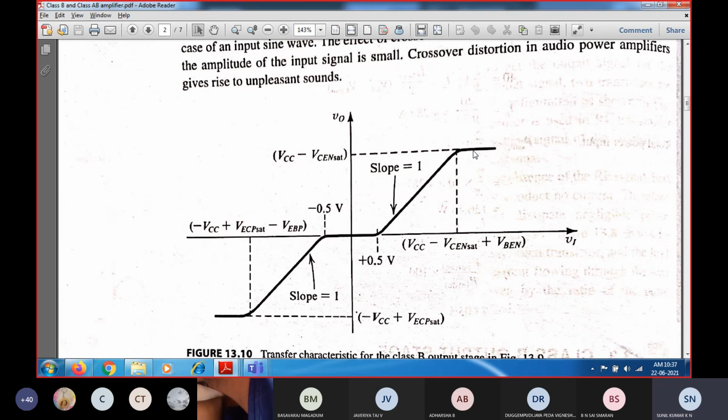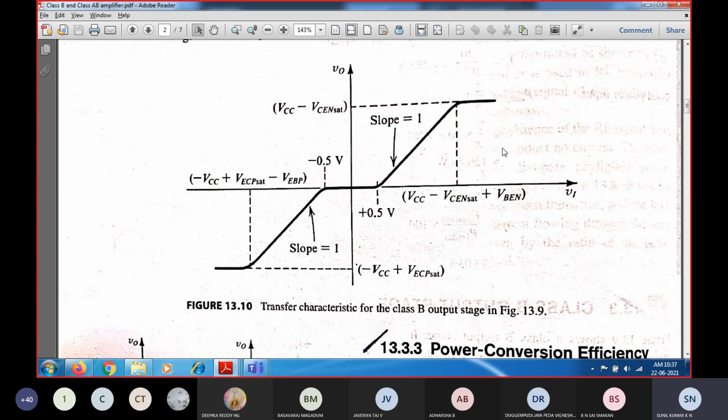At that stage, the maximum output voltage you get during the positive half cycle will be equal to VCC minus VCE saturation, the same as in the previous case of the class A amplifier with emitter follower configuration. So this is the maximum positive output voltage.